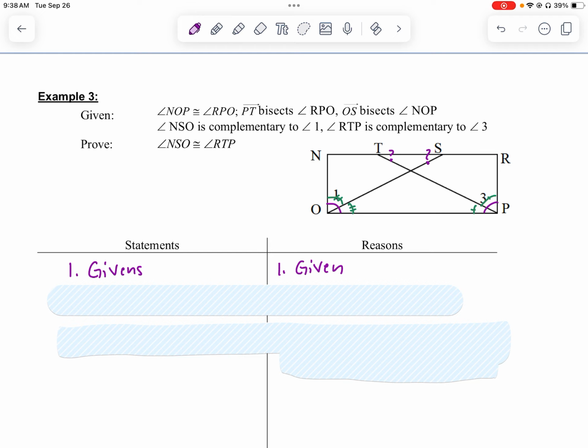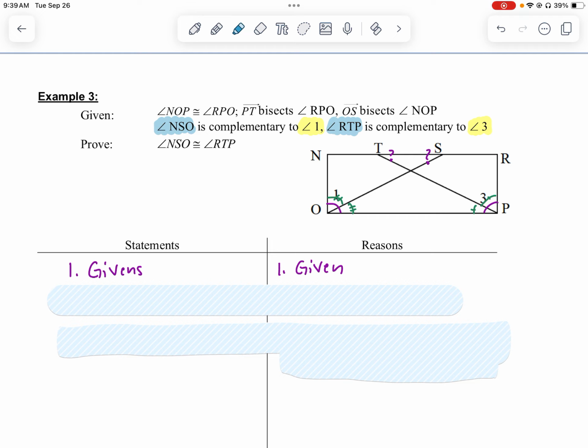Okay, it's a lot of information. Let's work backwards. What do we know about NSO? And what do we know about RTP? Well, I know that NSO is complementary to angle 1, and RTP is complementary to angle 3. So they're both complementary to angles. This makes me start to think about our complements theorem.